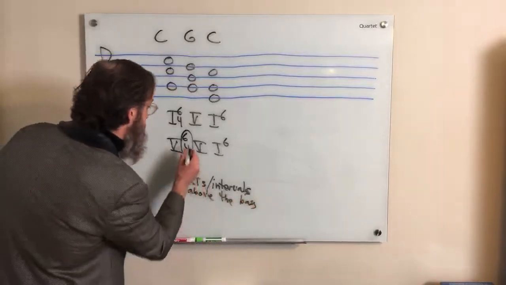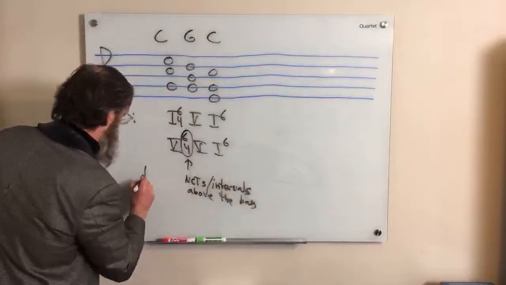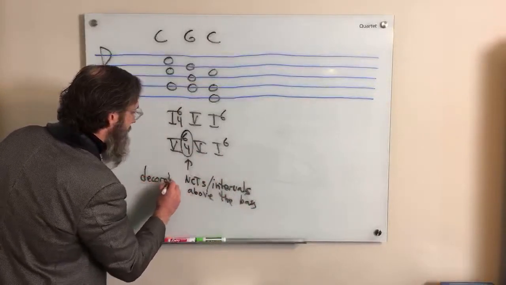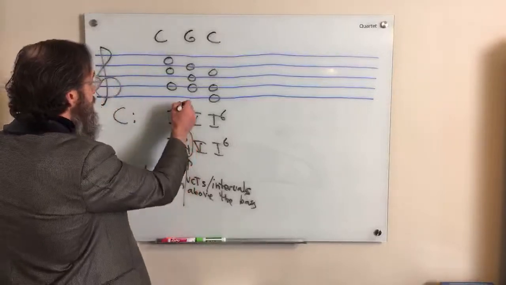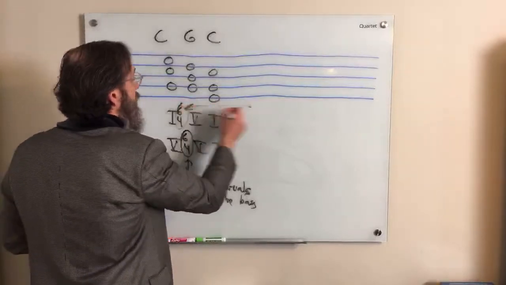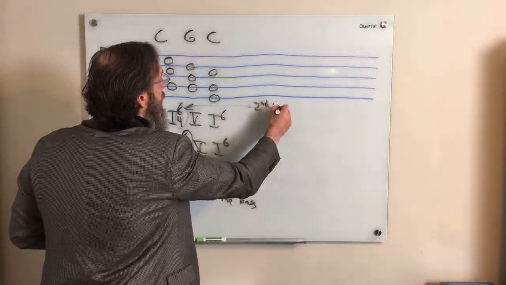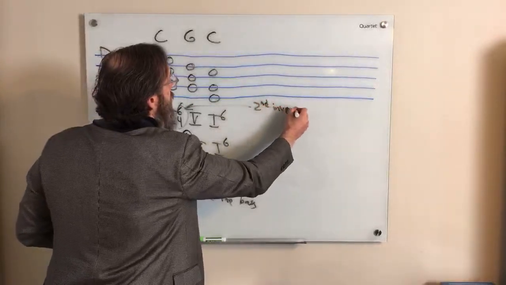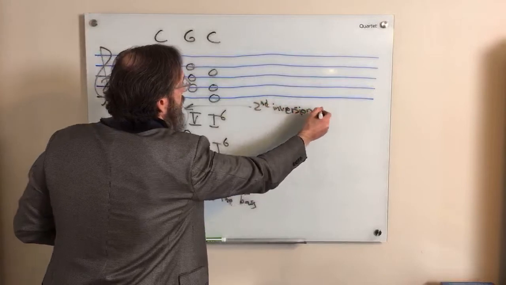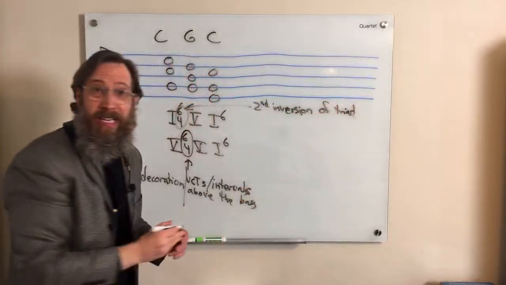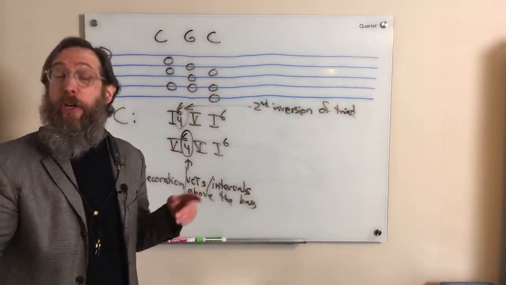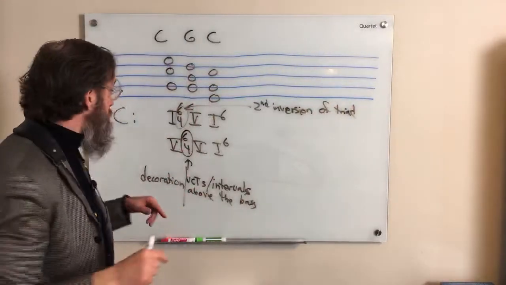So consider this the decoration analysis. All right? This 6-4 is saying it's a second inversion of a triad. So this is why it's tricky and why it's understandable that people get confused.